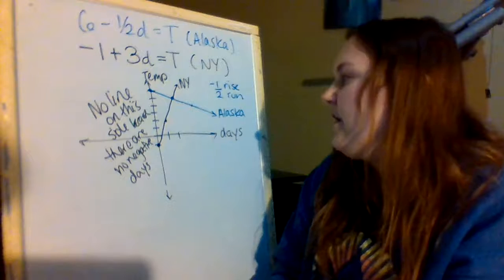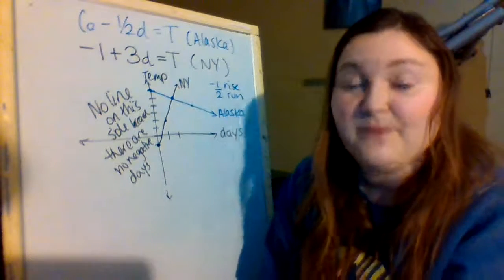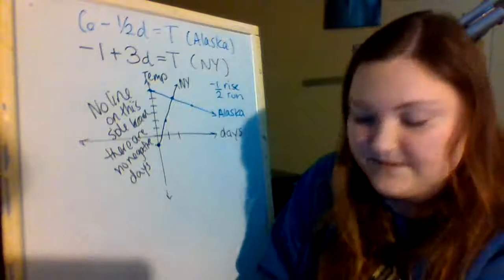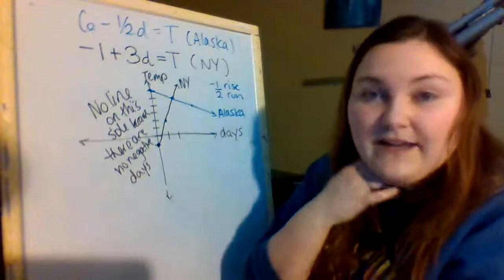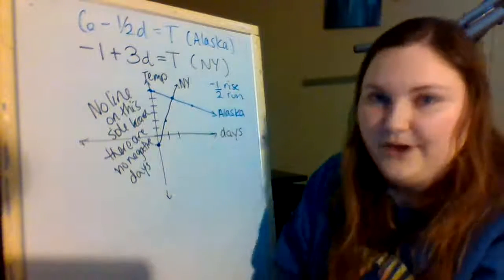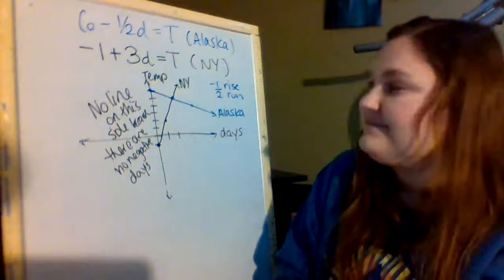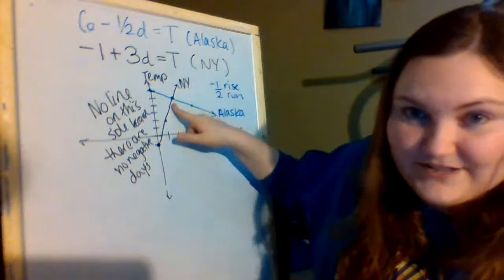The punchline to this problem is connecting it back to what we've been learning recently about systems of equations. So when you were in this previous lesson graphing to solve systems of equations, where were we looking on the graph? Hopefully you're looking at this point right here, that intersection point.